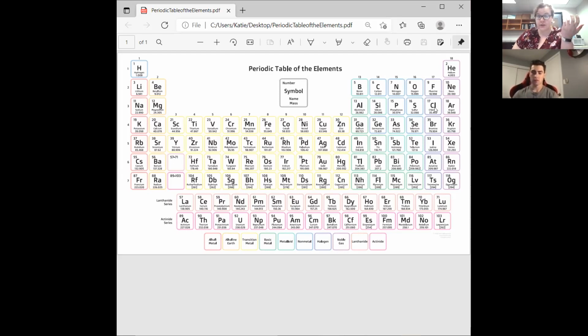Like salt, table salt is sodium chloride. It's 1 sodium and 1 chlorine bound together. When you dissolve that in water, you don't have sodium chloride around. You have a sodium ion, so an Na+, and a chlorine ion, Cl-, floating around. When you dissolve sugar, you don't have individual carbons.